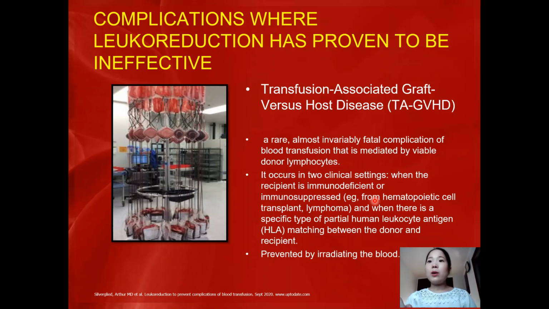And second, when the patient and the donor have a specific type of partial human leukocyte antigen matching between the donor and the recipient. So there is an antibody produced in the recipient that later on can induce a delayed type of hemolysis among these recipients.